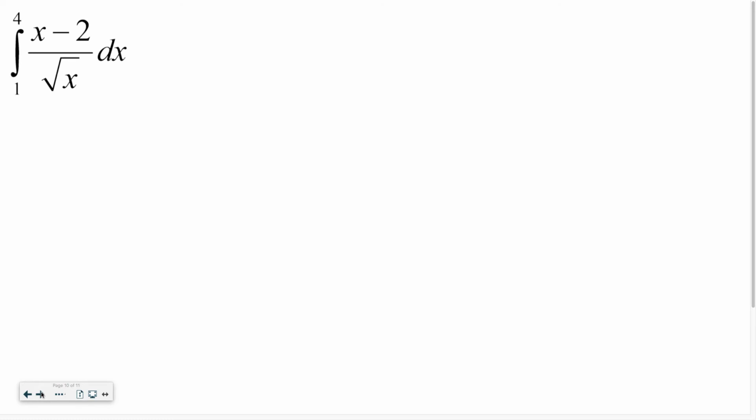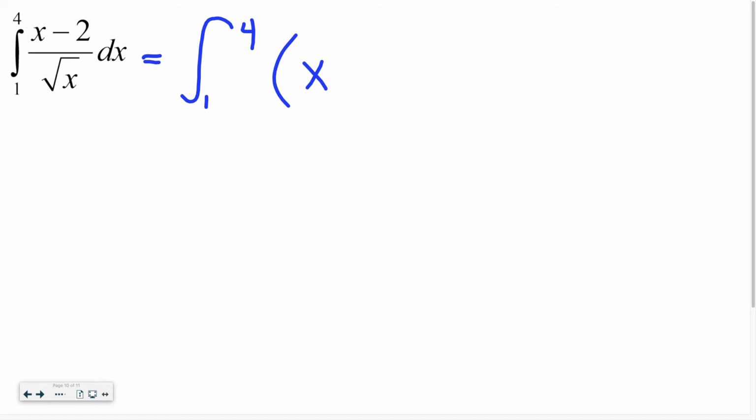Colby, how would I rewrite x over radical x? X minus 2 times, wait, yeah, keep going though, that quantity times x to the 1/2, right? Well, x to the negative 1/2.